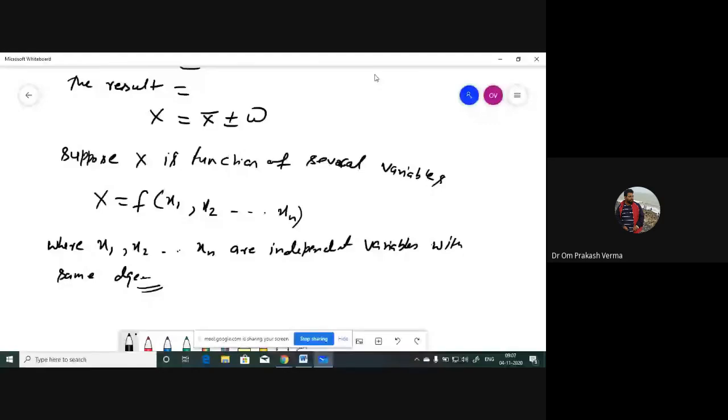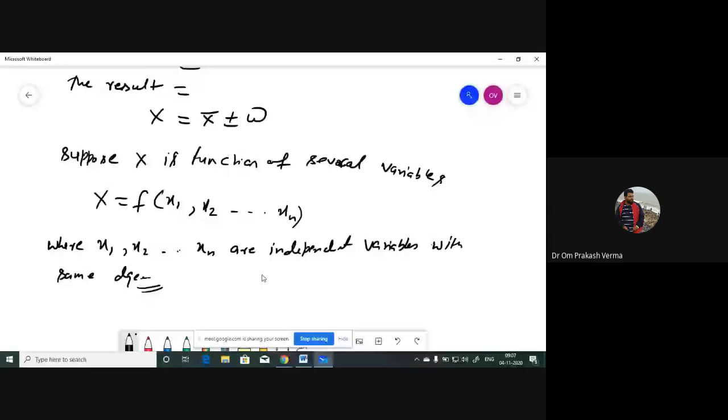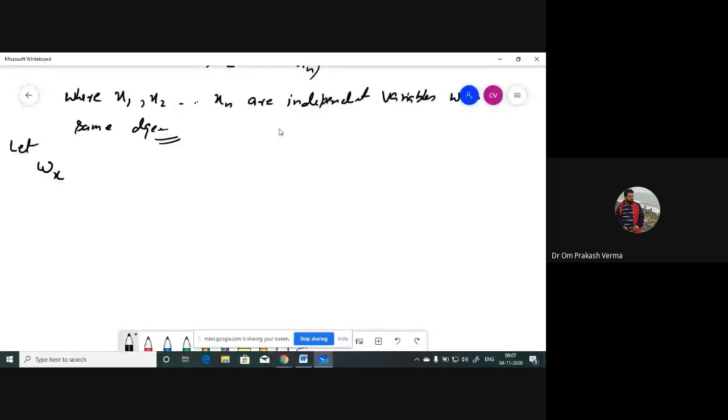Let Wx be the resultant uncertainty, ये overall uncertainty है Wx, और Wx1, Wx2 up to Wxn are the uncertainties in independent variables x1, x2 up to xn.